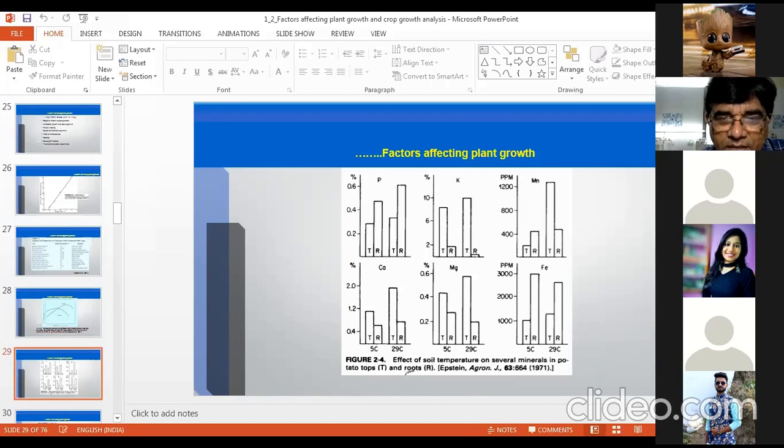Here you can see at 29 degrees centigrade, the magnesium content is more compared to 5 degrees centigrade in the top portion. But at 5 degrees centigrade, you get more magnesium in roots compared to 29 degrees centigrade. So many interesting results from this picture. You try to understand the meaning of this picture.